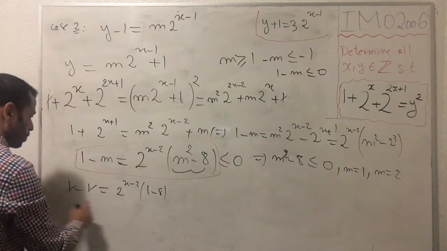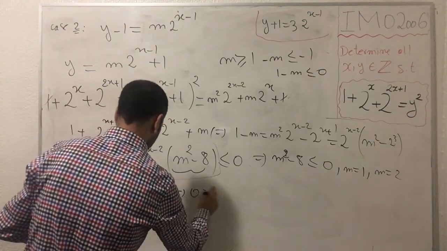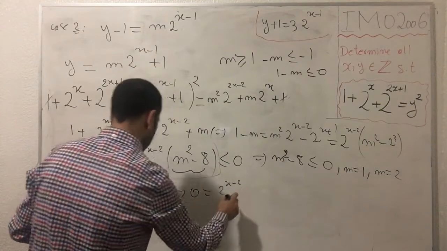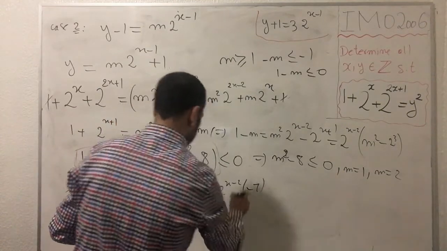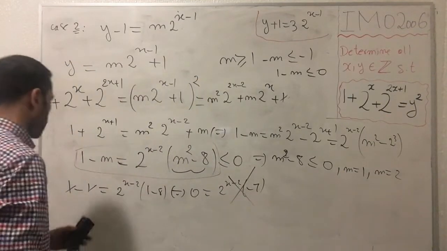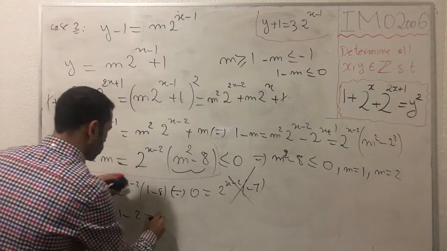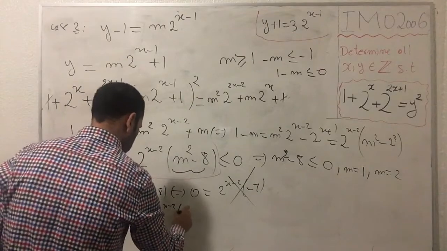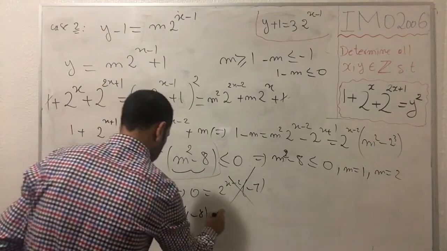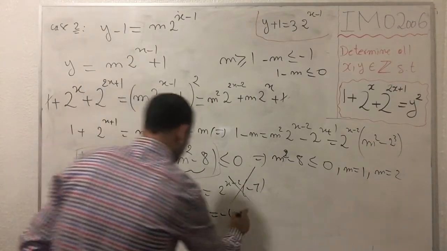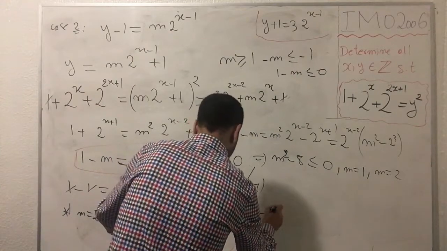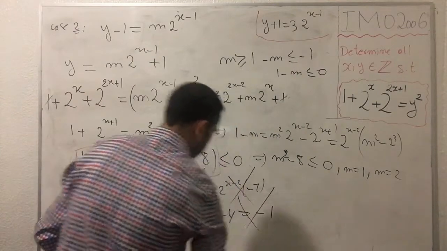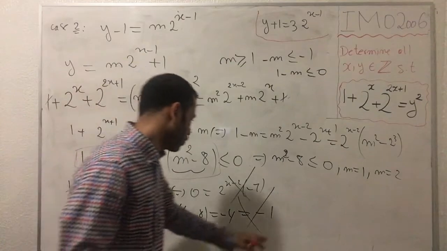So this 0 equal to 2 to the x minus 2 to the minus 7. This is impossible, so m equal to 1 is not a solution. For m equal to 2, 2 to the 2 is 4, minus 8 is minus 4, minus 4 equal to minus 1. This is impossible as well, so I have no solution for this one now.